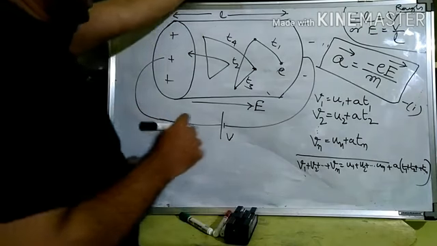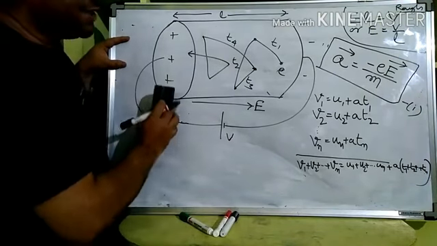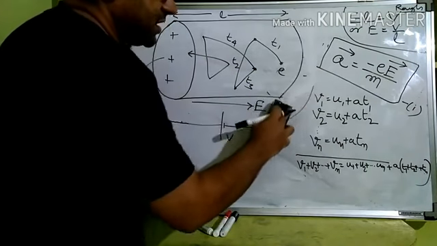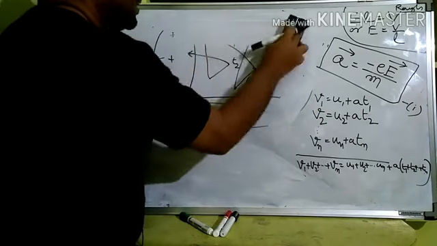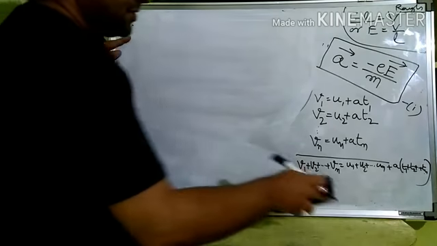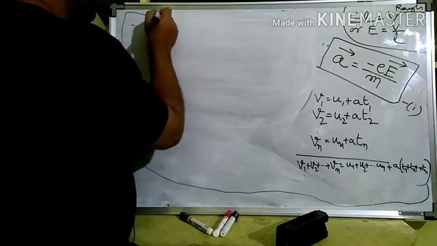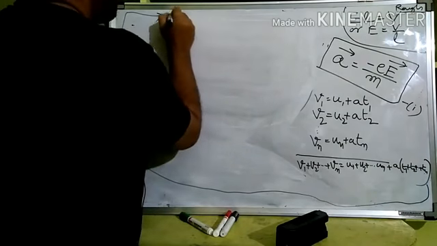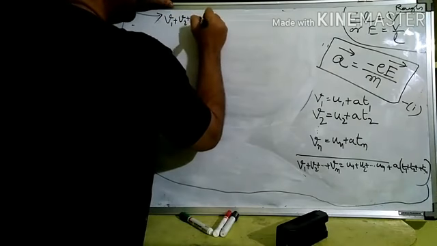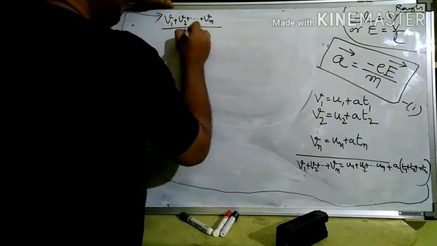Clear? So you already have this idea in your mind, right? That's why I am erasing this part, just to make some space. From here I am writing V1 plus V2 plus till Vn, whole divided by n.